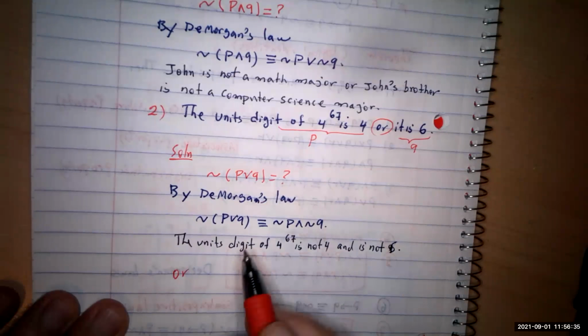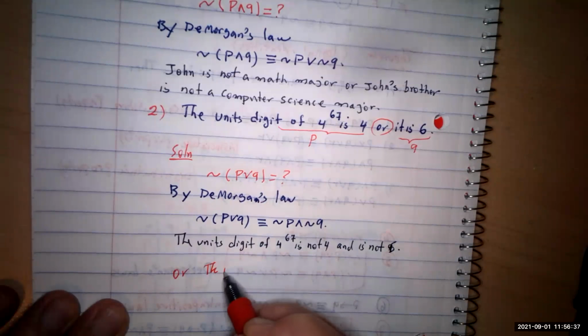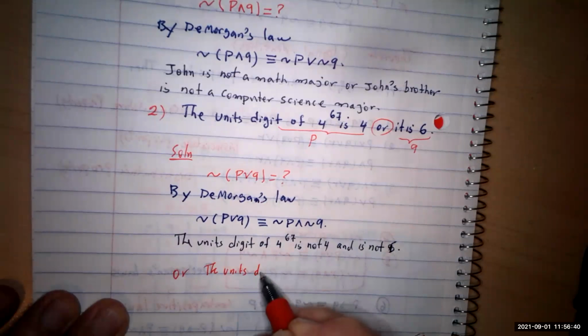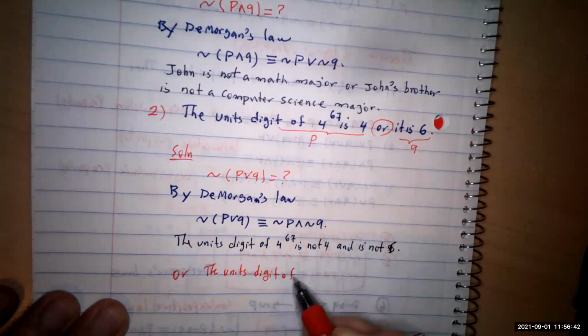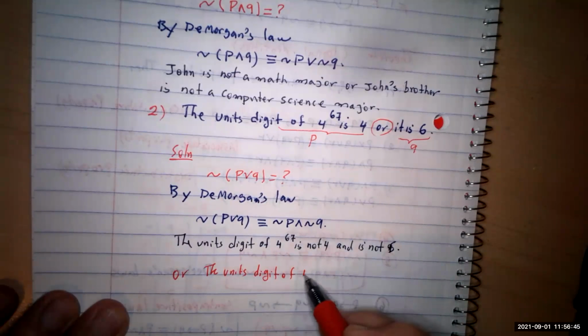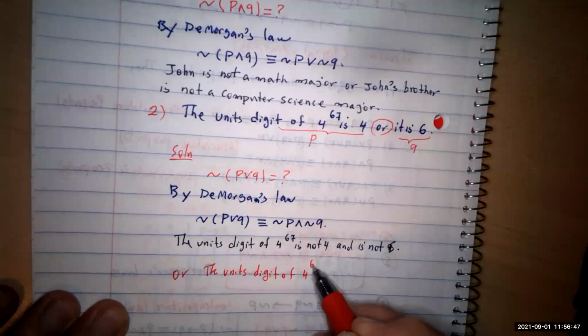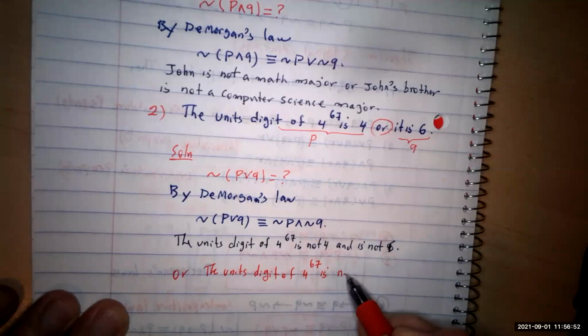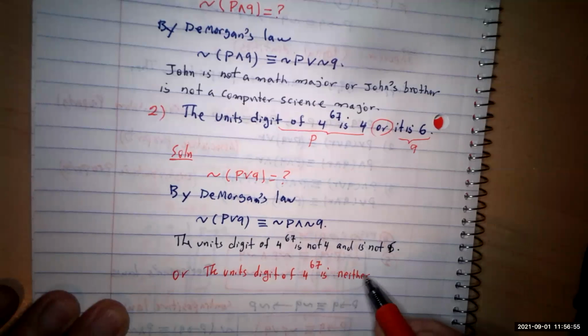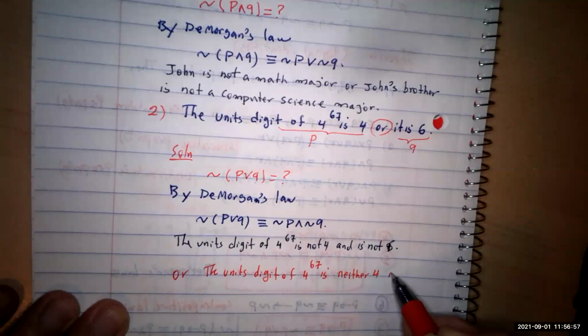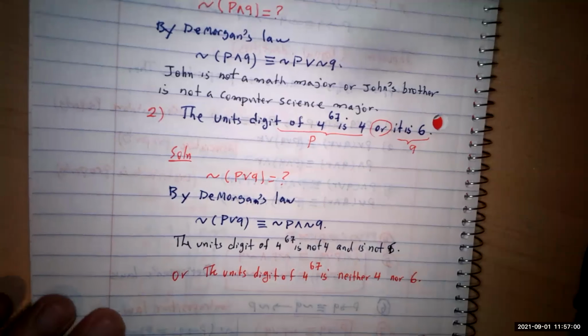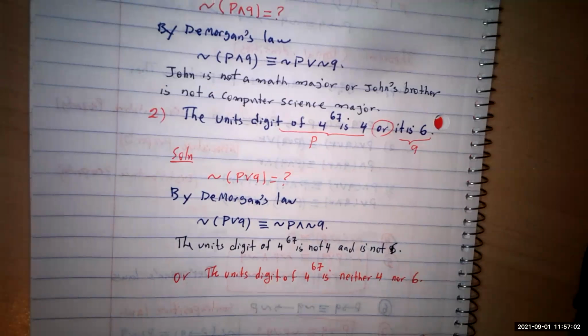The other version is that you may say the units digit of 4 to the 67 is neither 4 nor 6, which is the same thing. So this first one is safe, and you read it as is to get these numbers.